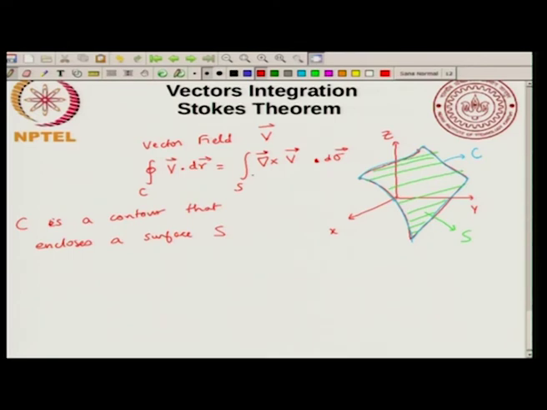So, you have a scalar here and a scalar here. In this way you can convert a surface integral to a line integral, and vice versa. You can convert an integral over a closed contour to an integral over the surface that is enclosed by the contour. There are a lot of subtleties in this.